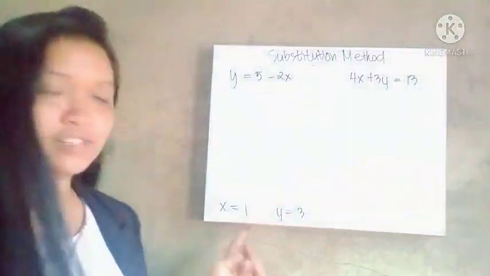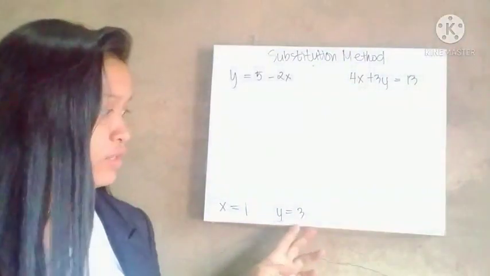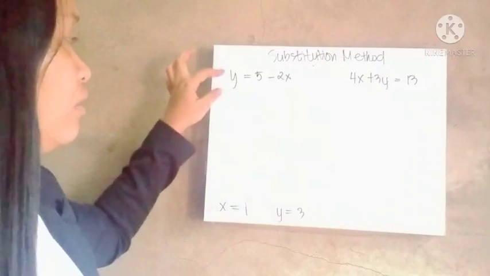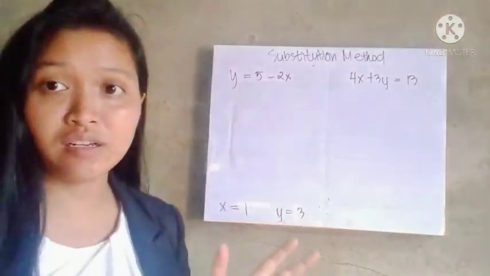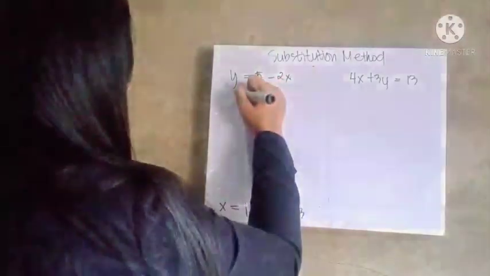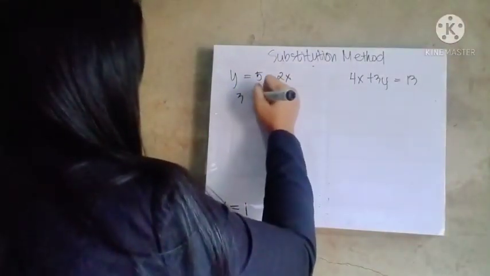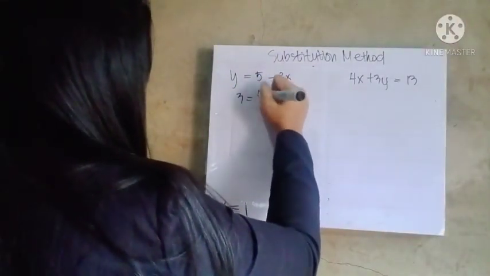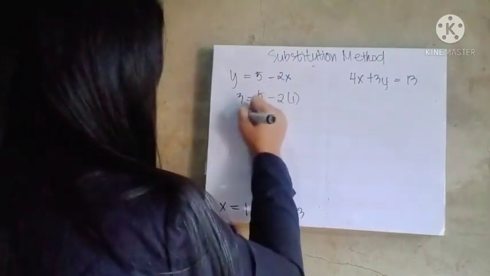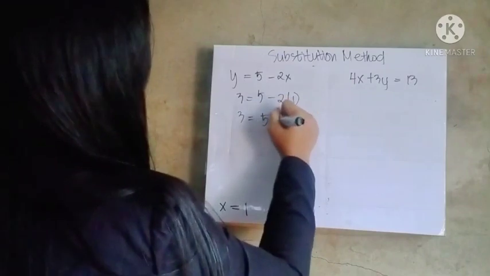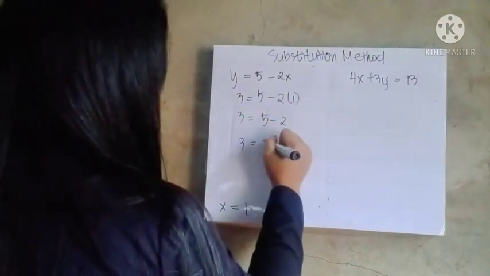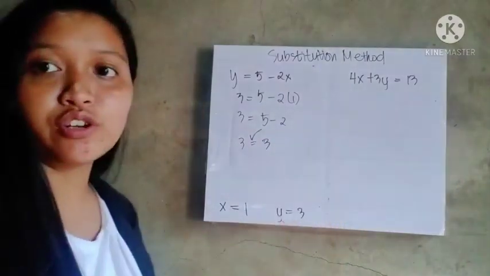Since our x is 1 and y is 3, we need to substitute this value into this equation to check if our answers are correct. So 1, substitute x, 5 minus 2 is equal to 3. So correct.